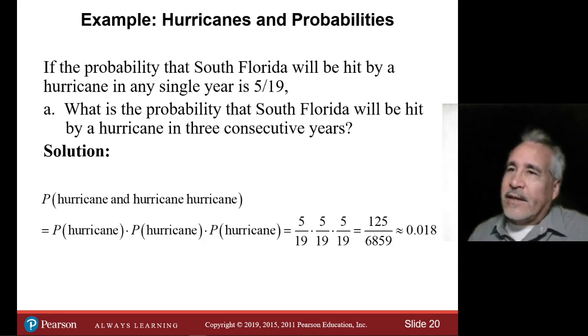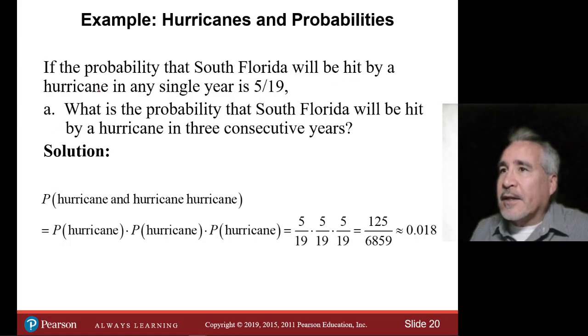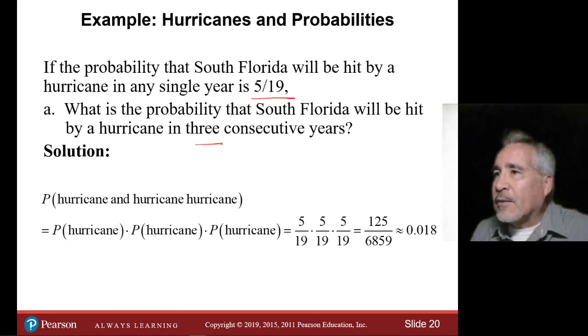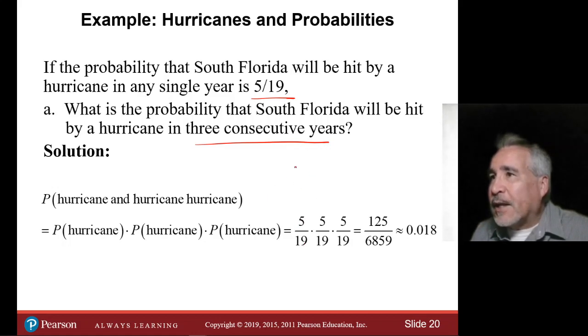Okay, hurricanes and probability. If the probability that South Florida will be hit by a hurricane in any single year is 5/19, what is the probability that South Florida will be hit by a hurricane in 3 consecutive years? Again, why do we have to go to this? But the idea is that just because we got a hurricane in one year doesn't change the chance of a hurricane in the next.